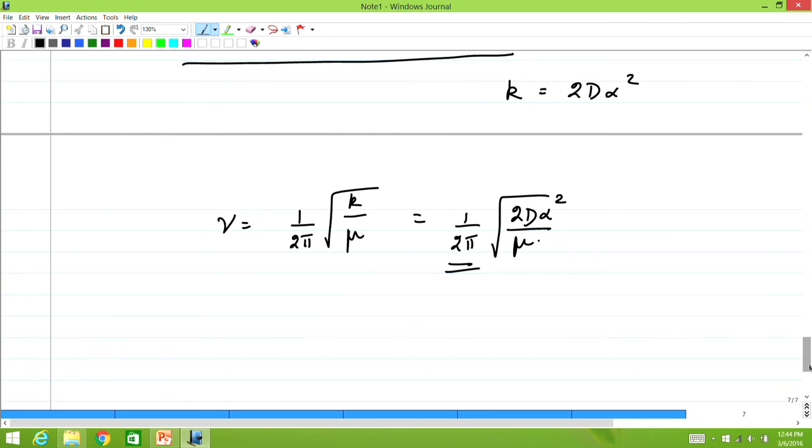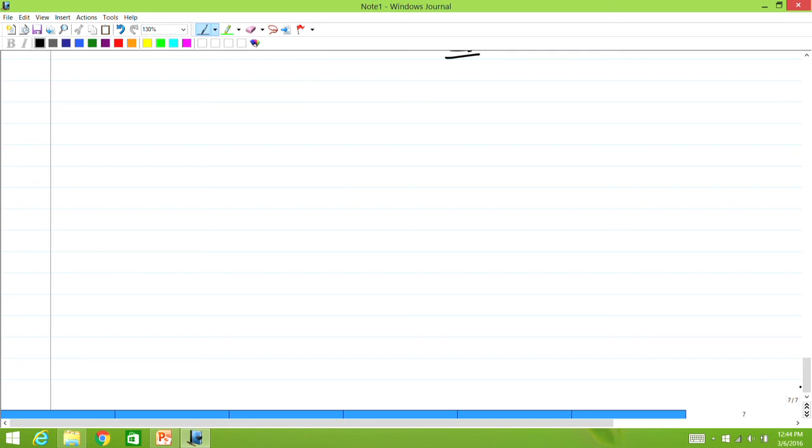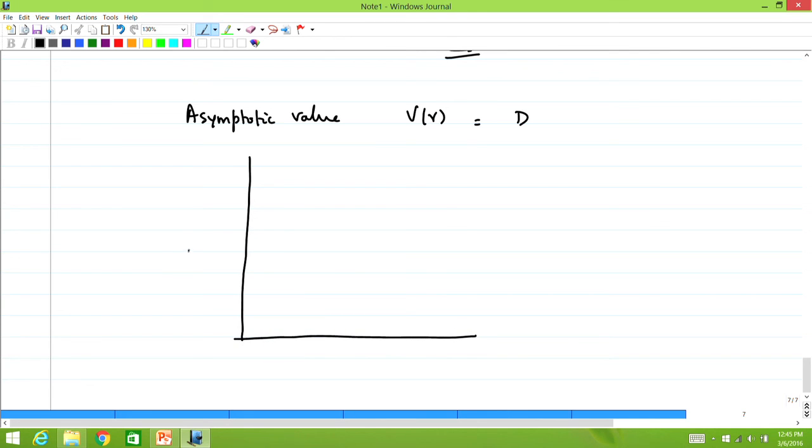And the second question is, show that the asymptotic value of V of R is D. Now, try to plot V of R as a function of R minus Re. It is D times (1 minus e to the minus alpha (R minus Re)) whole square.